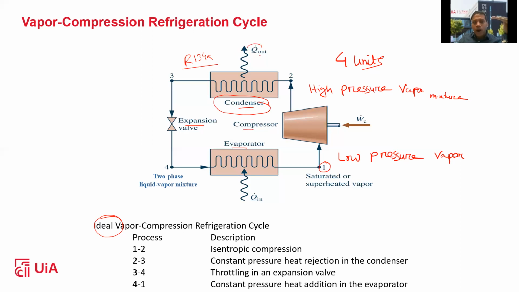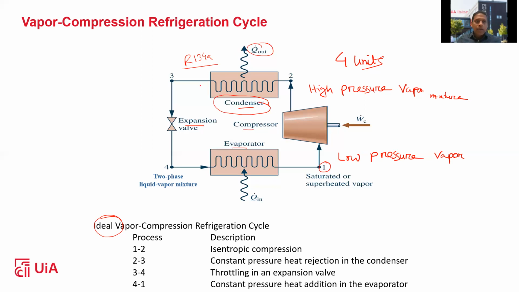As you can see, the Q out is removing some heat from that high pressure vapor to make it cool down. That means when it passes through this heat exchanger or condenser, it removes some heat from this refrigerant, and then it will produce, as you can see, the liquid. That means the high pressure vapor condensed to high pressure liquid.